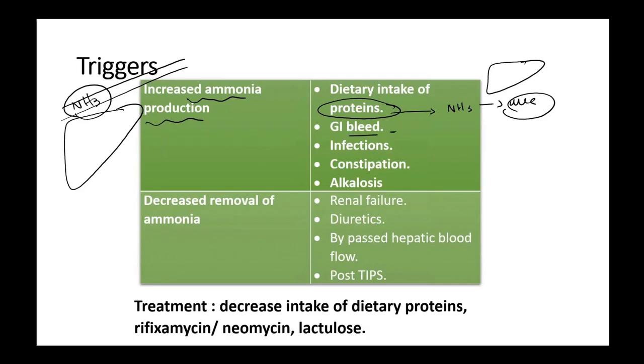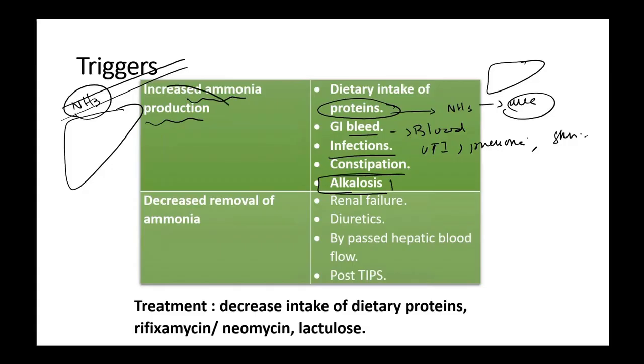GI bleed, we know that blood is also a protein. If someone is having GI bleed, they will produce more ammonia. Infection, commonly urinary tract infection, UTI, pneumonia, skin infections, also increase ammonia level. Constipation, increase ammonia level. Alkalosis can increase ammonia level too.